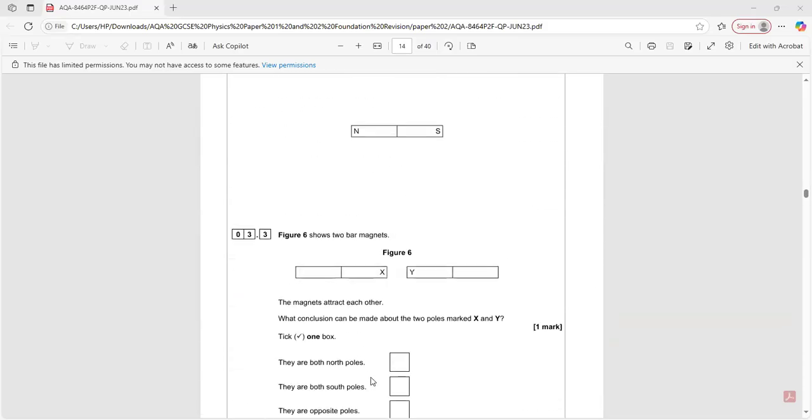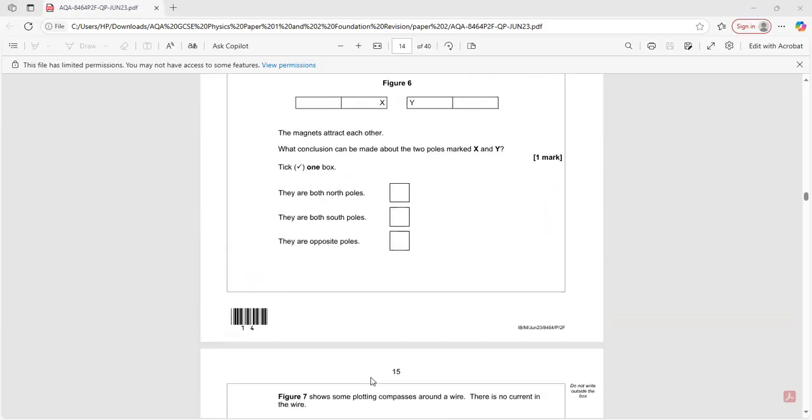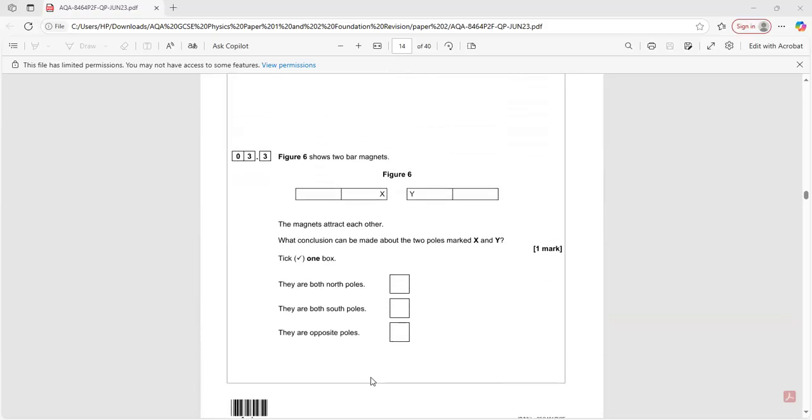The next question says figure 6 shows two bar magnets, and X and Y are used to denote the poles. It says that the magnets attract each other. What conclusion can be made about the two poles marked X and Y? Now remember, just like in electricity, like charges repel and unlike charges attract.